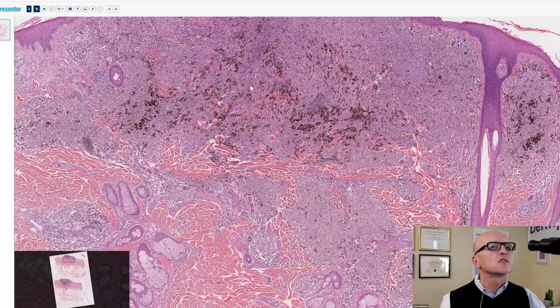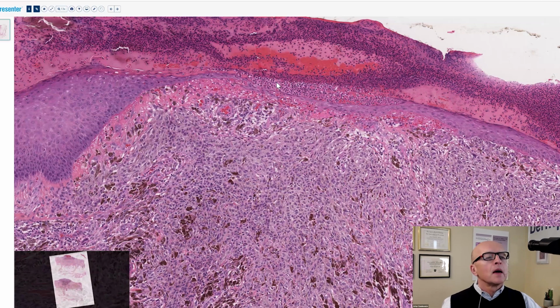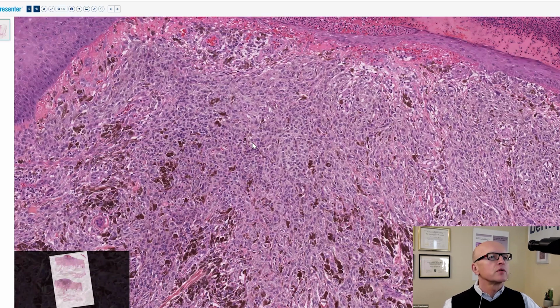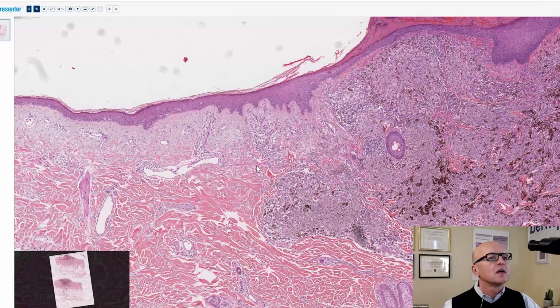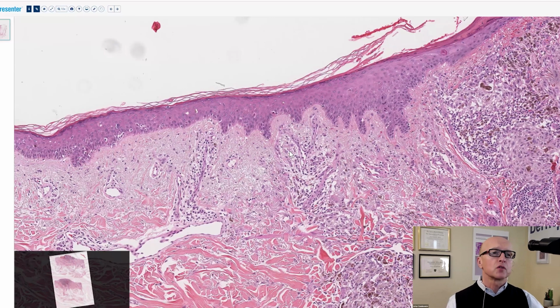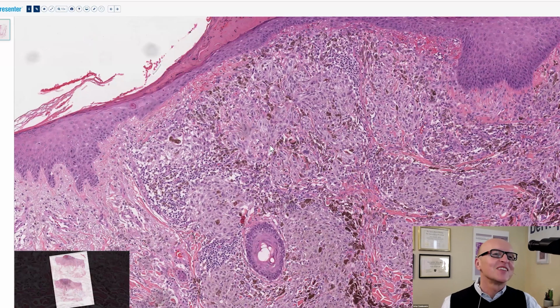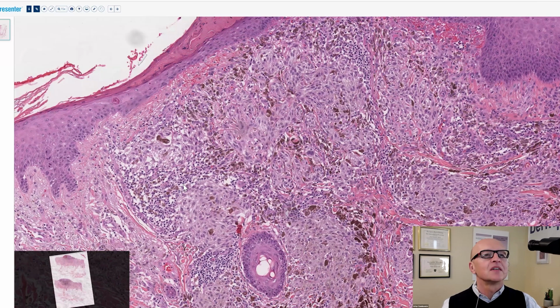It looks like there is an ulceration here as well. Let me just show you the context. It looks like we are in a context of significant sun exposure, even though the patient is only 48 years old. But people in Australia, you see this all the time, for sure, in young people.